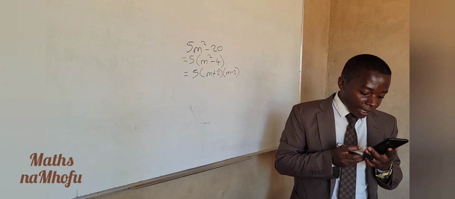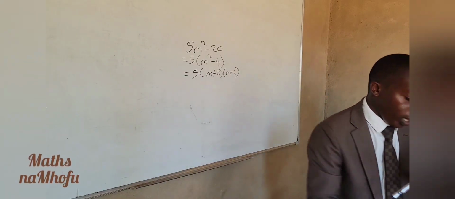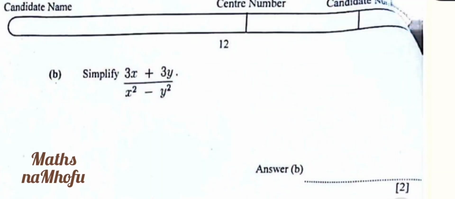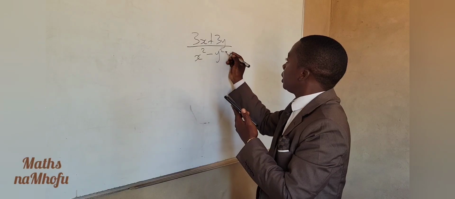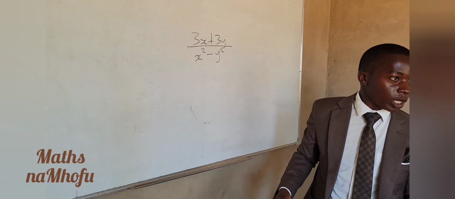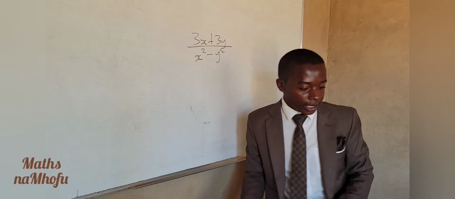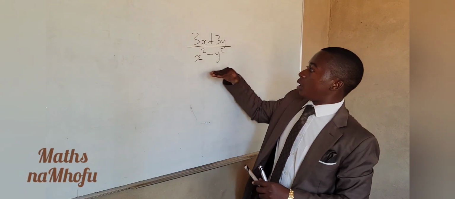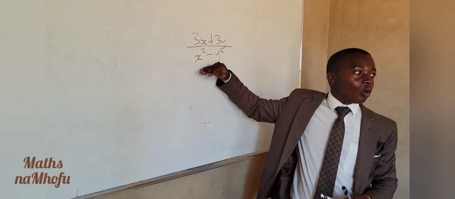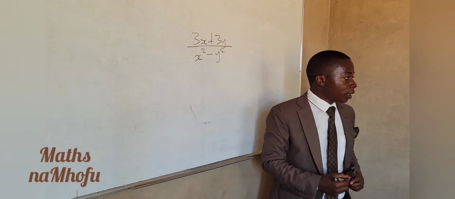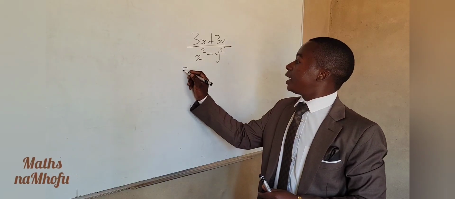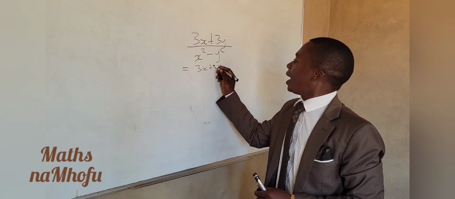Simplify the b part of number 13. Simplify 3x plus 3y divided by x squared minus y squared. Interesting, and at the same time easy. We have to simplify. Down, what do you have? Yes, thank you so much. Difference of 2 squares.